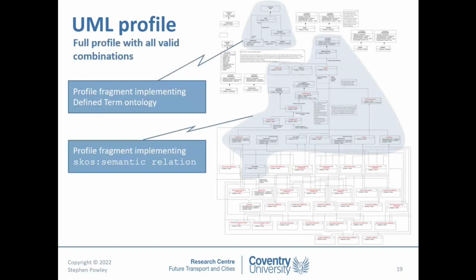So when we zoom out, we get a very big tree of relationships, and the two fragments we've looked at up in the top there, that's the original little ontology that we examined, and that's the diagram on the previous slide, and then all of the combinations drawn out as explicitly named relationships.